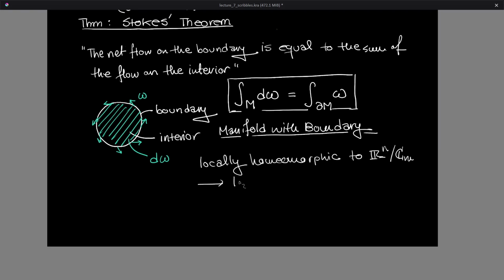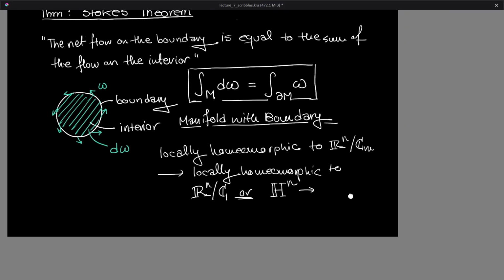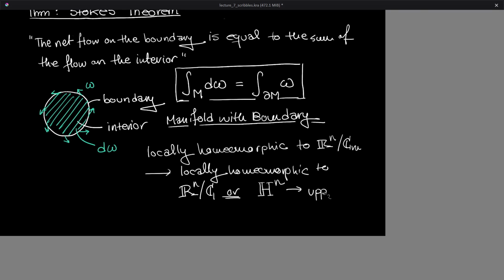to being locally homeomorphic to Rn or Cm or H, this space called Hn. This is called half space, or upper half space. It's literally the upper half of the coordinate plane. That's all it is.